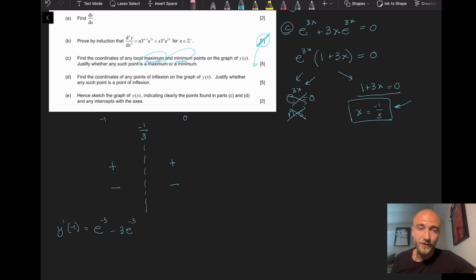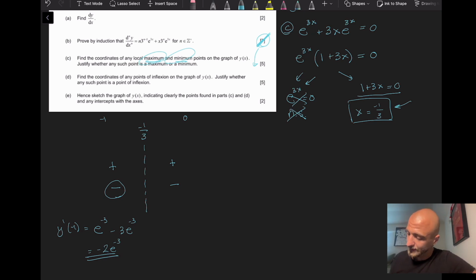We don't really care what the e to the negative 3's actually are because the whole point is that they're going to be positive numbers. So if I take a positive number and I subtract 3 of those positive numbers from it, I get negative 2e to the negative 3. This number is going to be negative, which means that on the left side of that root the derivative is negative, so the function is decreasing.